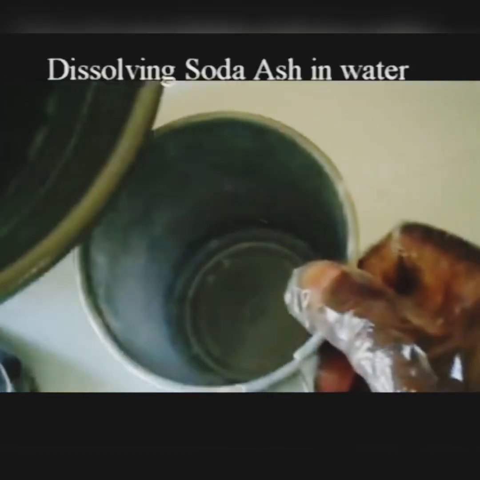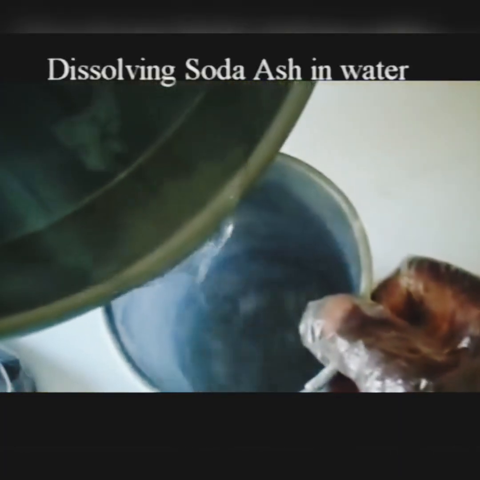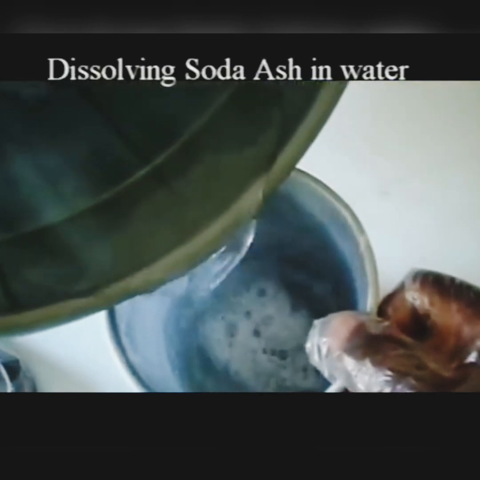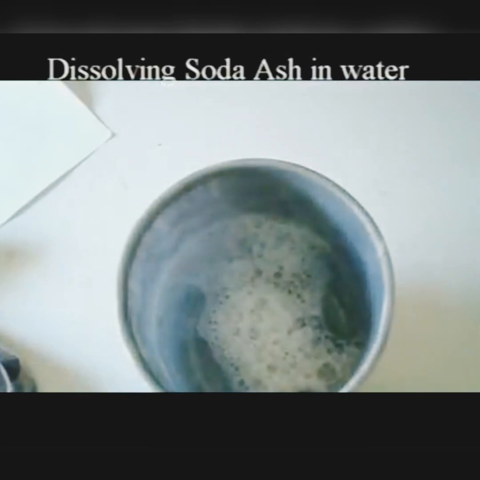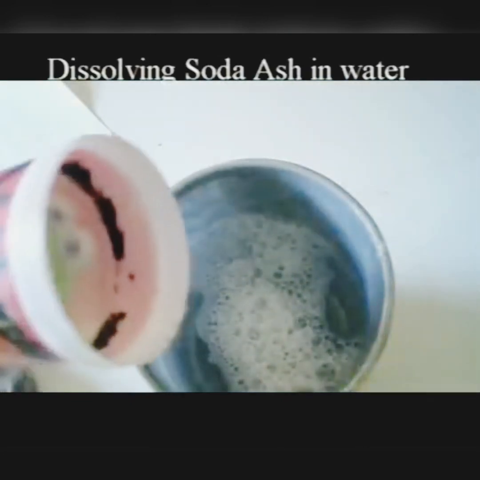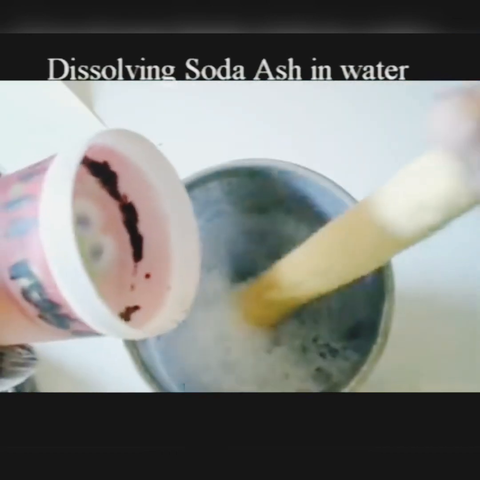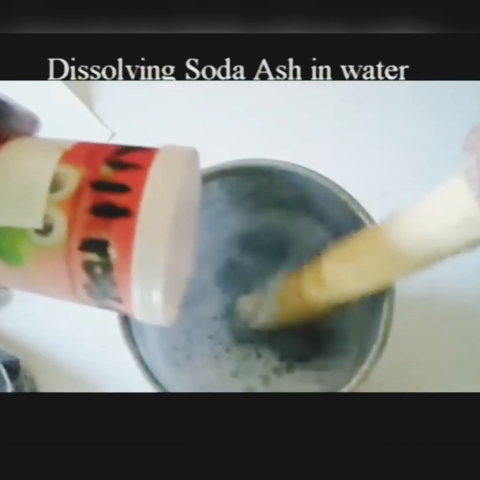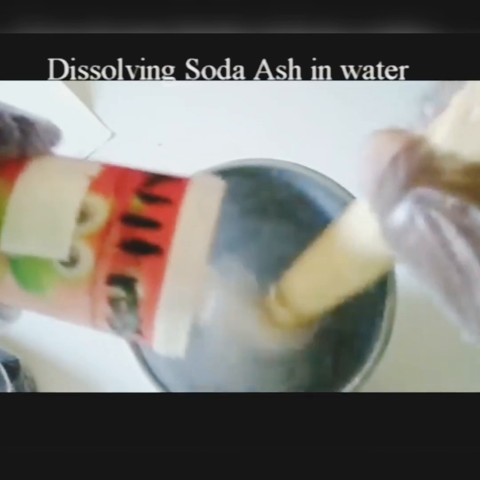So now we're going to measure a volume of water and add soda ash to it. We're now going to dissolve soda ash in water. From what we're doing here now, you will notice that the first thing we do is to dissolve the salt in water before we pour the solution into the previously made solution.